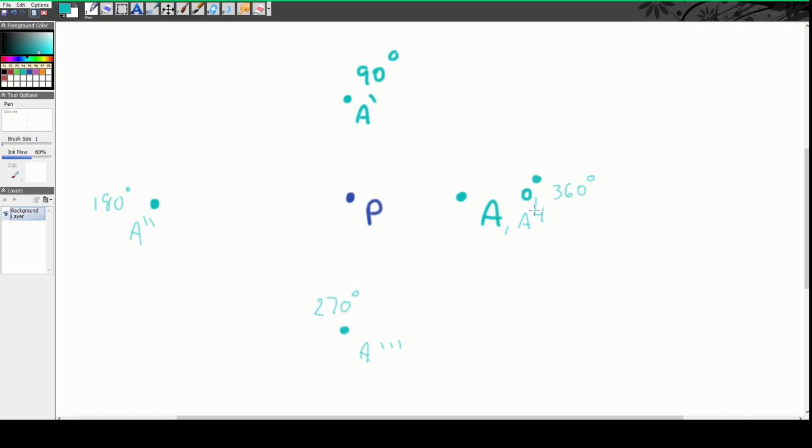So I have A at 0 degrees and A to the fourth, or A fourth prime, is 360 degrees. So those are the major points. Of course, right in between 90 and 0 is 45 degrees, 135, 225, and 315 degrees. That would be 315 degrees right in the middle of these 2 points.